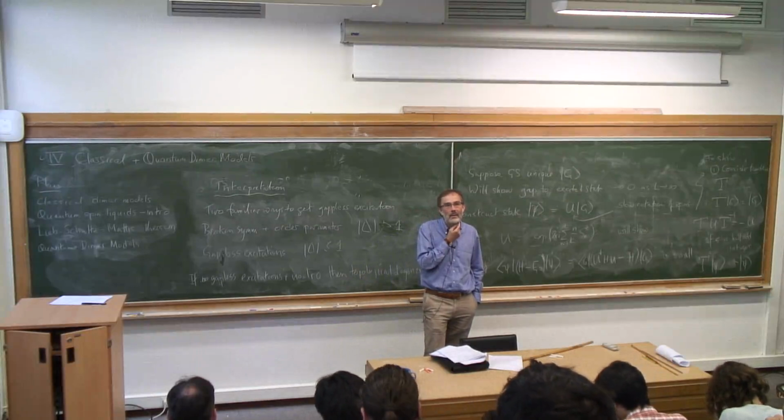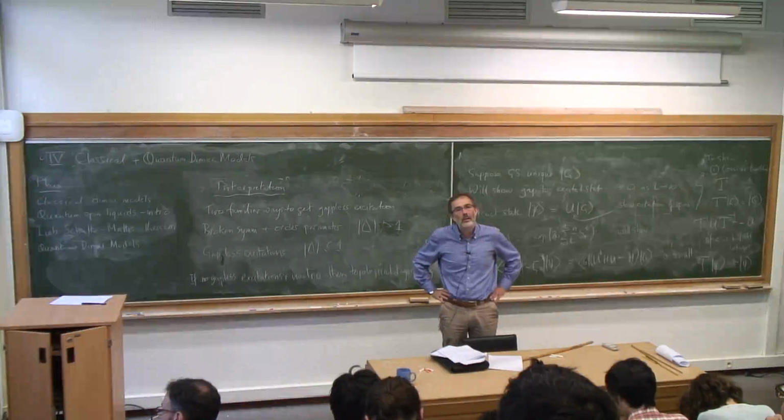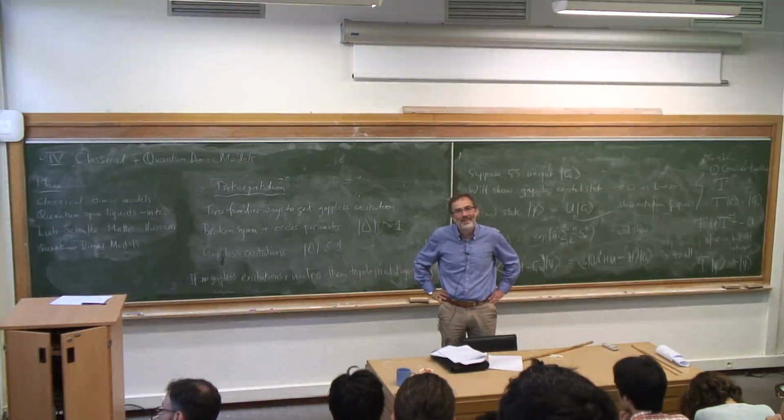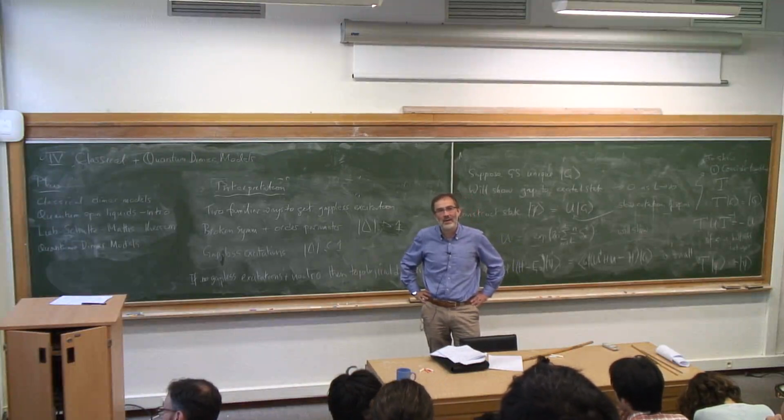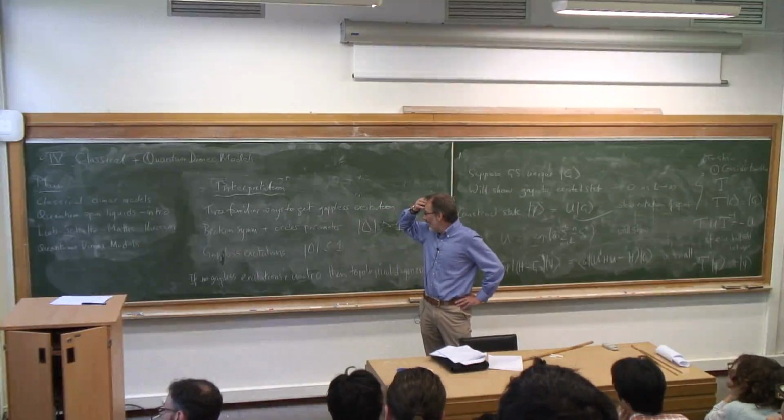Could you explain again what's the second familiar way to have gapless excitation? Yeah, so what I'm trying to say is that there are physically, I think here, all right.